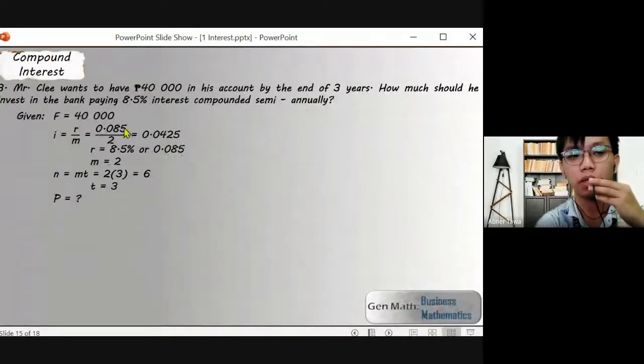So that will be our R. And then M, that is semi-annually, that is every 6 months. So that will be M, 2. Then to solve finally for our I, that is 0.085 divided by 2, which is equals to 0.0425. Okay, that will be our I.